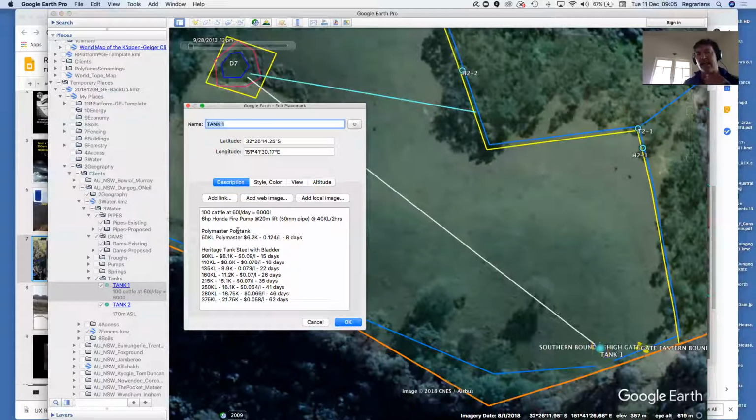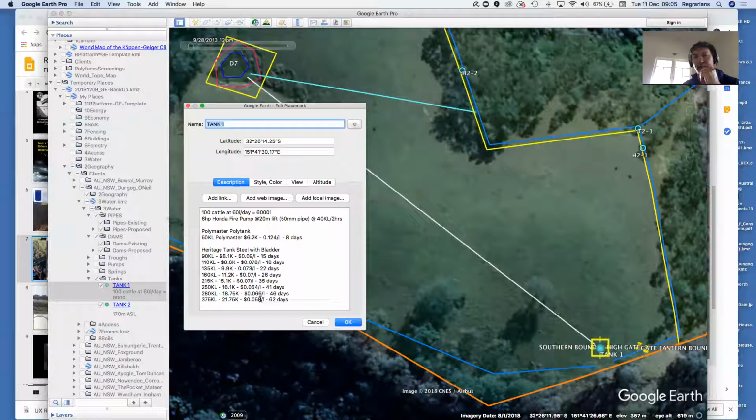But what I did here was speculate, for this amount of area, on different sizes of tanks that we would use, and how many days' water they would give for the perceived grazing days that we'd have in that area.